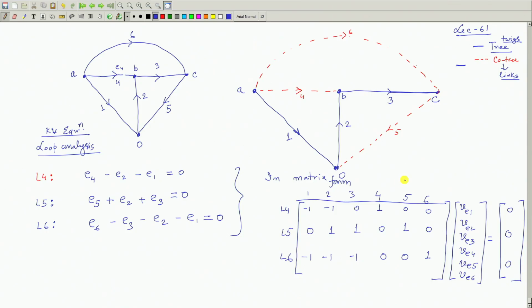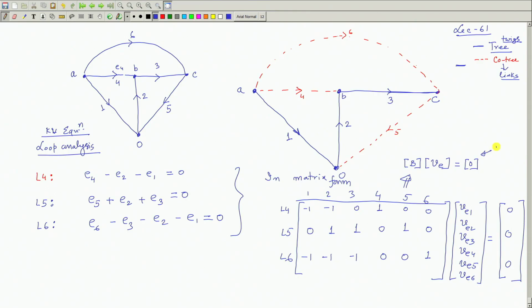Now, this matrix is called a matrix B, the fundamental loop matrix, and this is the element column voltages representing voltages across each element, and this is equal to 0. We got similar things in the incidence matrix: A into IE is equal to 0, KCL, and B into VB equal to 0.